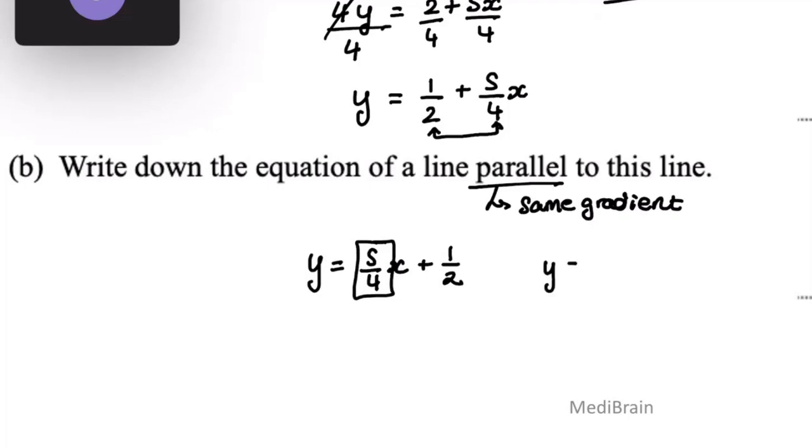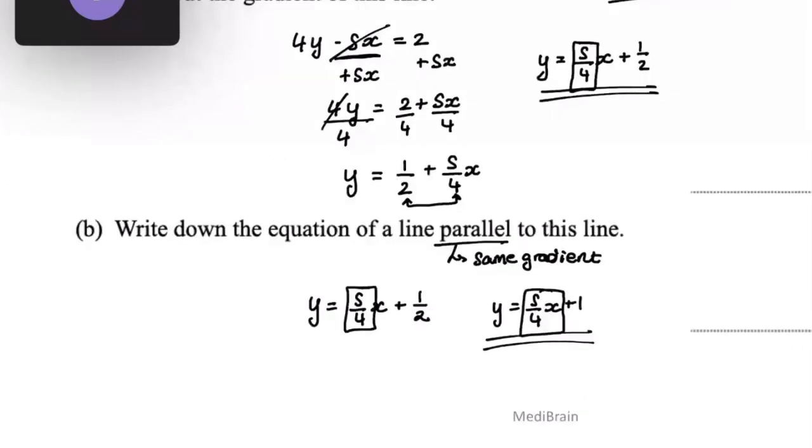So we could have y equals 5 over 4x plus 1. Any number. As long as it's 5 over 4x, the number after where I've written the plus 1 can be any number you like. It can be add 1 million or 100,000 or subtract 1 million. It can be anything as long as this number is 5 over 4x.